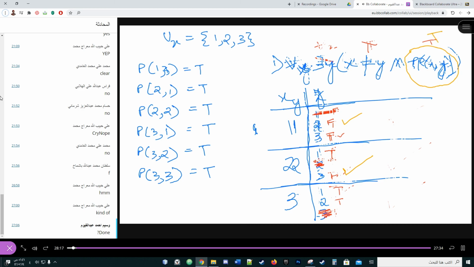So P of x y is false in the case of 1 comma 2, so satisfied, and P of x y should be false in the case of 2 comma 3, satisfied. But for the third one, we don't have any case, so it's not satisfied, which means it is false.